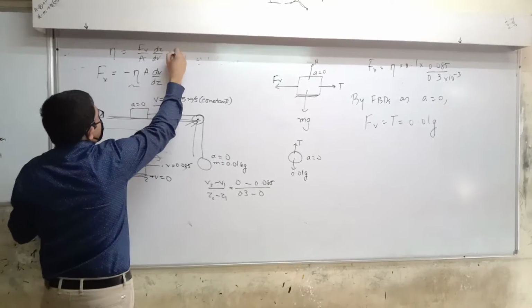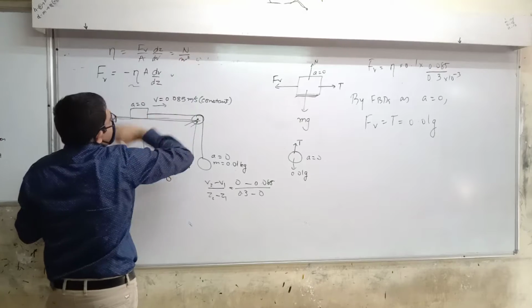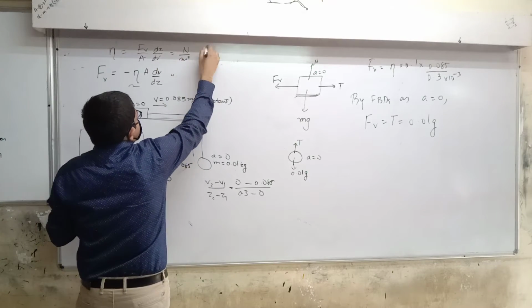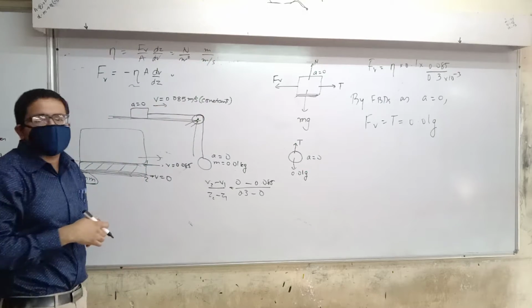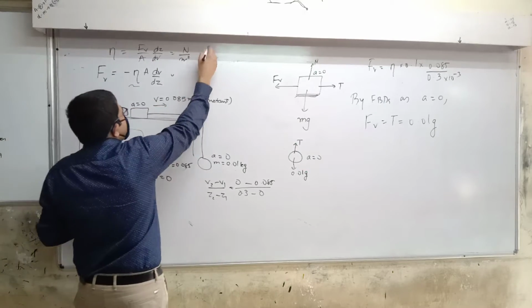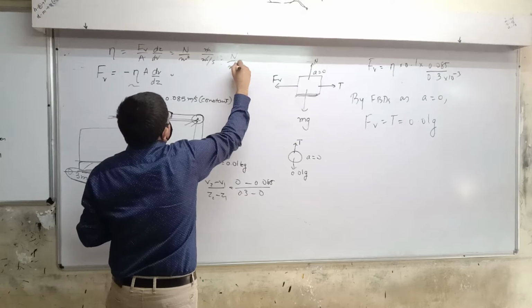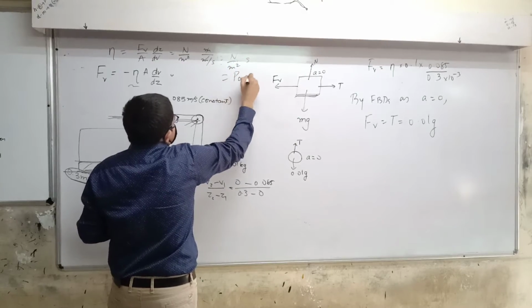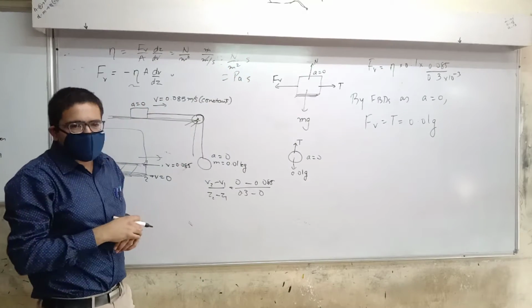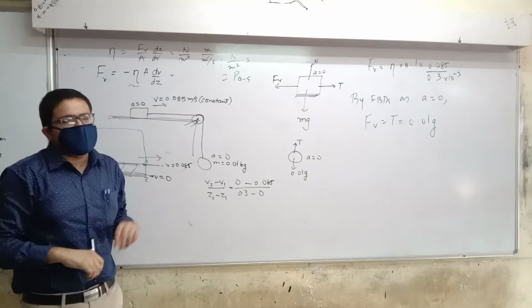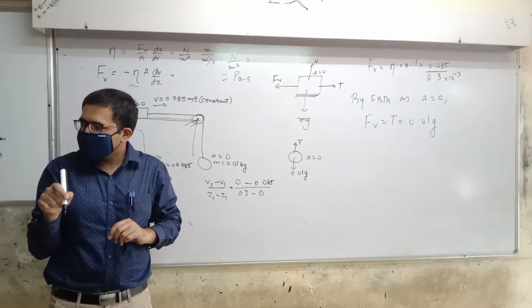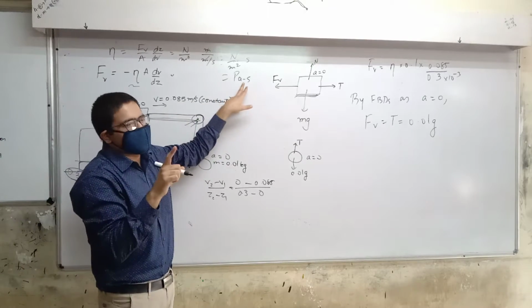And that is nothing but Newton per meter square. dz is a distance, so that is meter, and velocity, so meter per second. Finally, it cancels, so you get Newton per meter square into second, or you could write it as Pascal second. But be careful. Write it like this: Pa dash s. This dash does not mean subtraction.